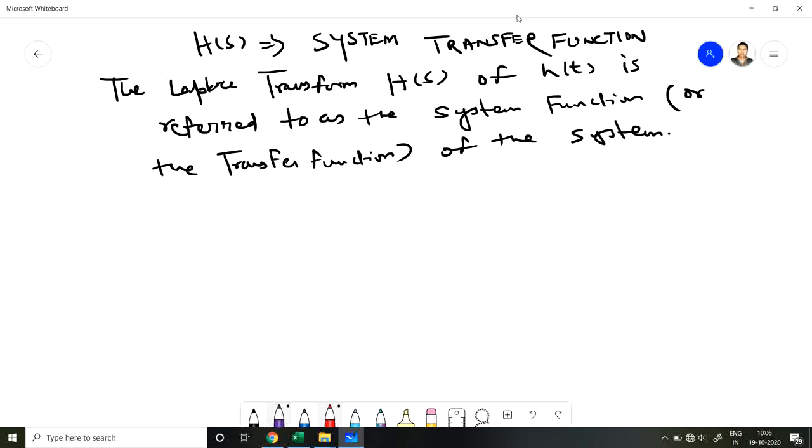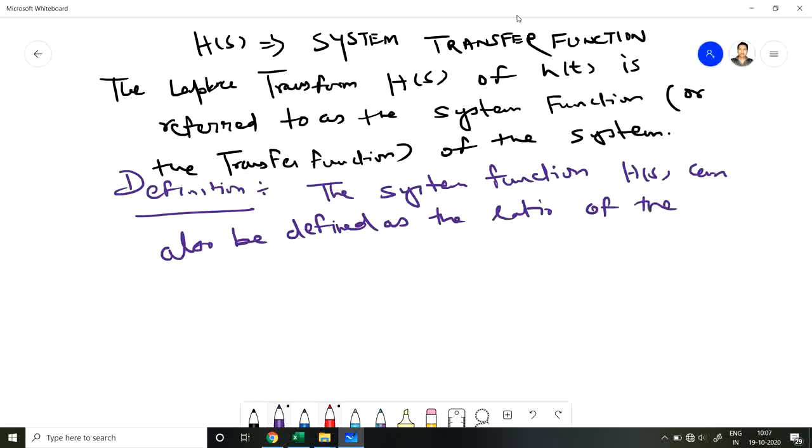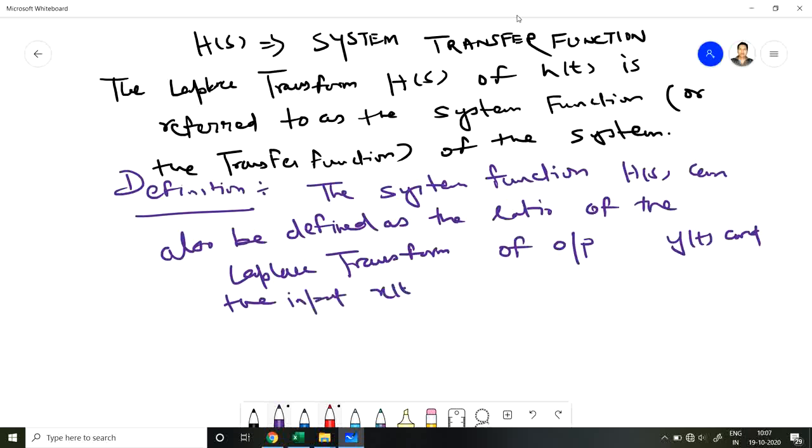If we write the proper definition, the system function H(s) can also be defined as the ratio of the Laplace transform of the output y(t) and the input x(t).